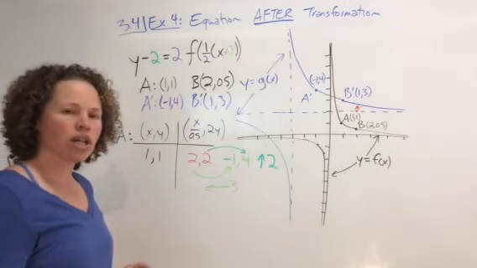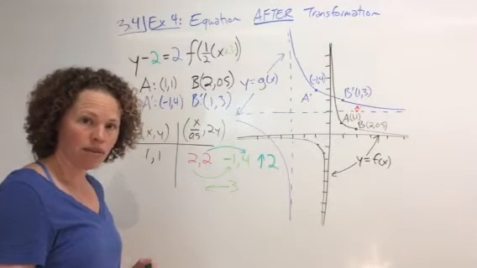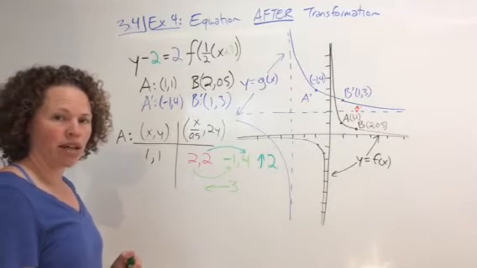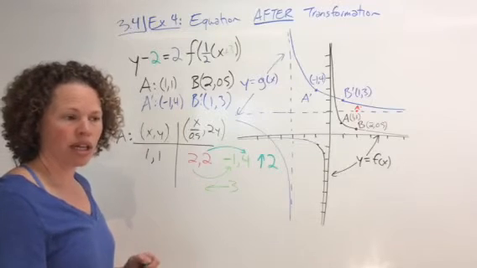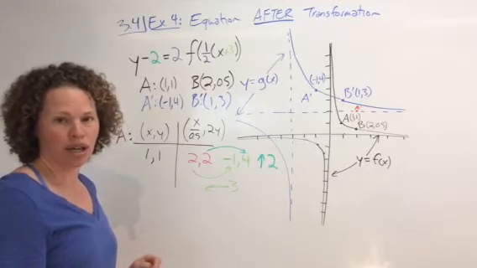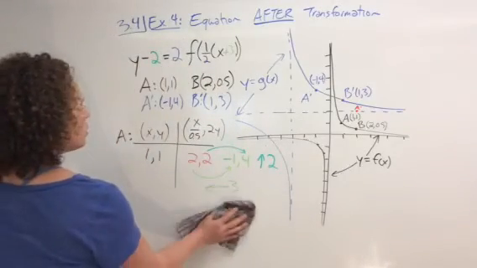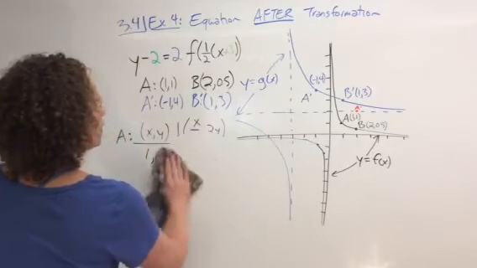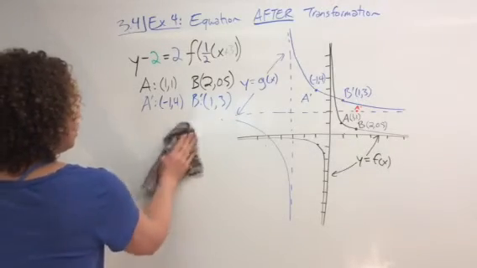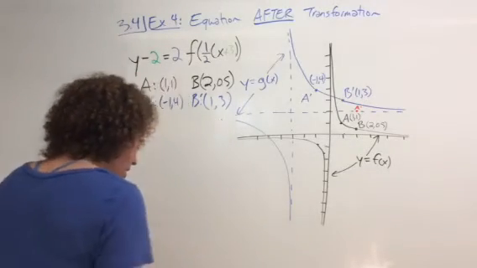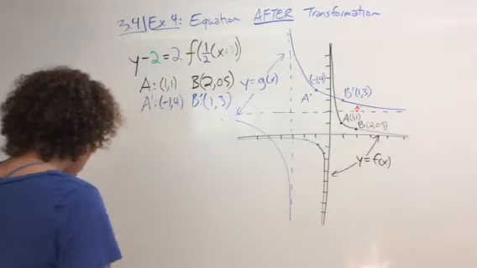The way that we could check to see if we were correct would be to go back and plug in the original A point and see if we get the new A point. So let's try that. I'm going to just erase this work. And we're just going to use black.